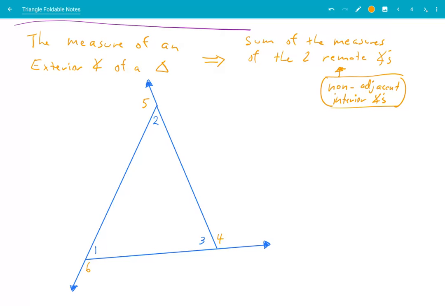Oh yes, I'm talking about these. Sorry, I lost my train of thought. Interior angles. So we write this down. The measure of angle 4, right here, equals the measure of angle 1 plus the measure of angle 2.